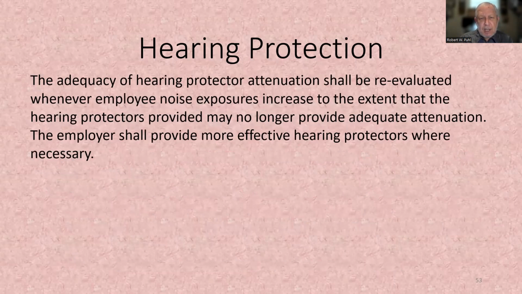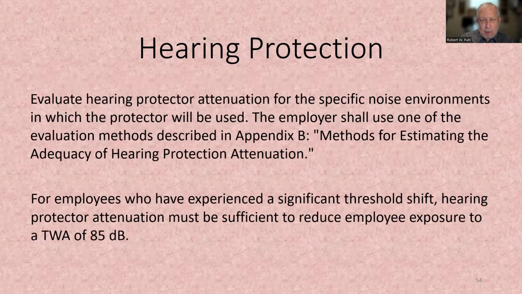The adequate hearing protector attenuation shall be reevaluated whenever employee noise exposure increases to the extent that the hearing protectors provided may no longer provide adequate attenuation. The employer shall provide more effective hearing protectors where necessary. Attenuation means how much noise that hearing protector stops. Evaluate hearing protector attenuation for the specific noise environments in which the protector will be used.